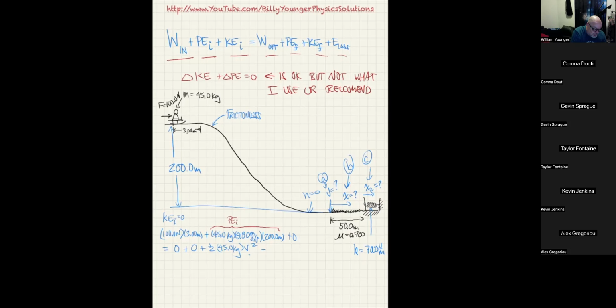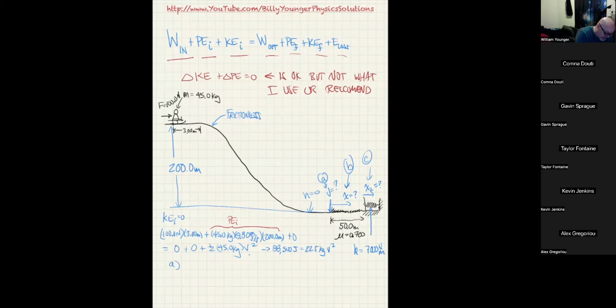So what I have to do is take 100 times 3 and then add to that 45 times 9.8 times 200. And that's going to give me 88,500 joules. And that is in fact equal to 22.5 kilograms times v squared.